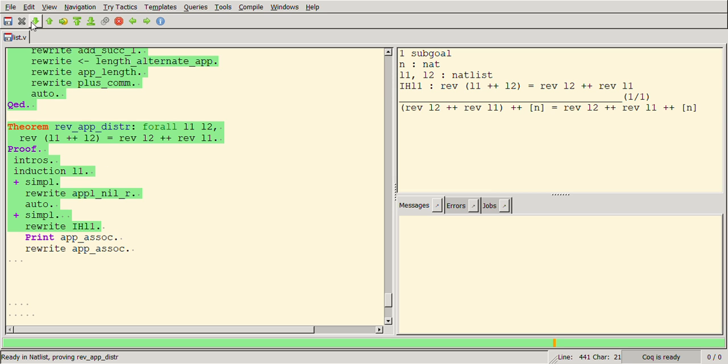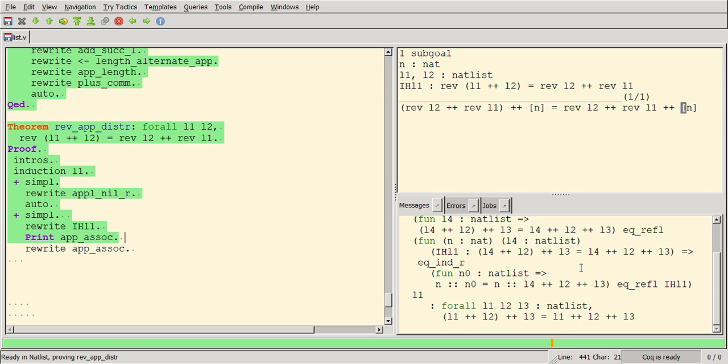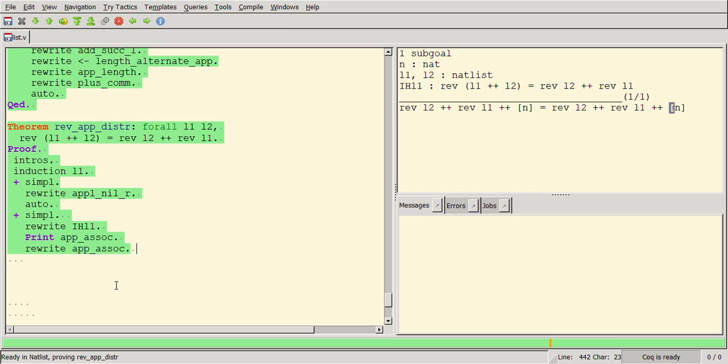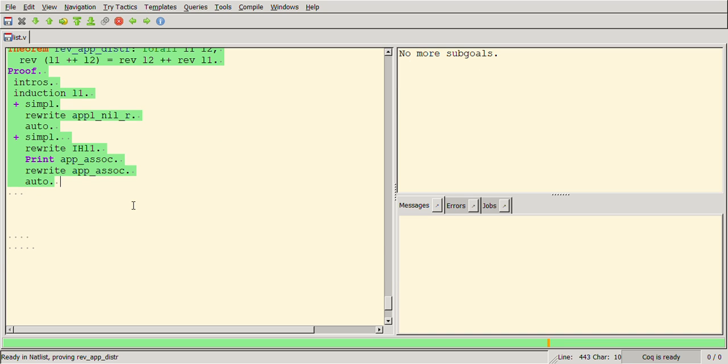Let me see what this associative property says. It says that for any three lists, if there is a parenthesis on the left hand side, it can be removed, so we can just remove the parenthesis here. Now we should be able to close it with auto. Yes, no more subgoal.